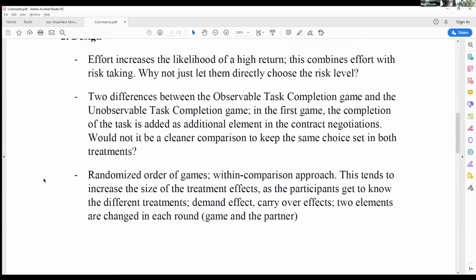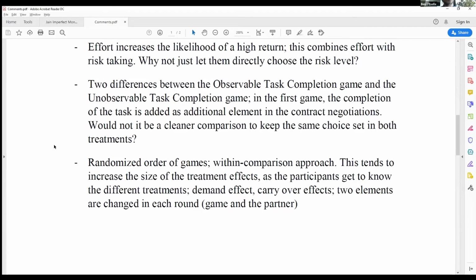So on the one hand, the completion of the game can't be observed and can be observed, but at the same time, the choice set is also changed when they negotiate about the contract. So there are actually two changes that are made between these two treatments. So I'll get back to that later when I share a few comments about results.